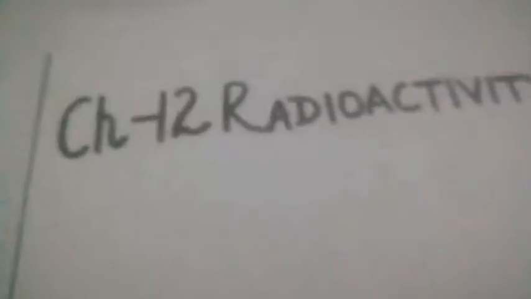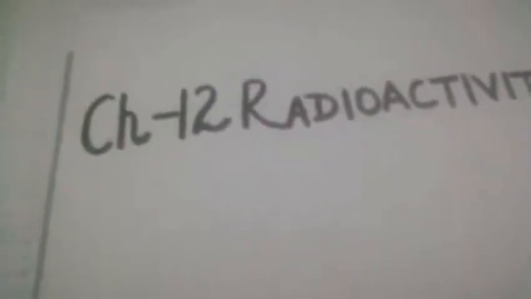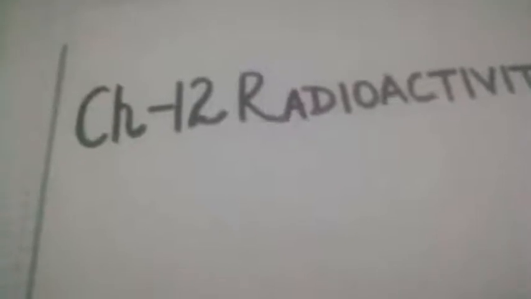For example, if after emitting an alpha particle the daughter nucleus is not stable and has excess of energy, then what will happen? That daughter nucleus will become stable by emitting its excess of energy in the form of gamma radiation, children.